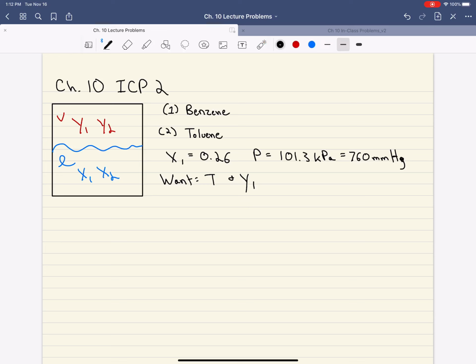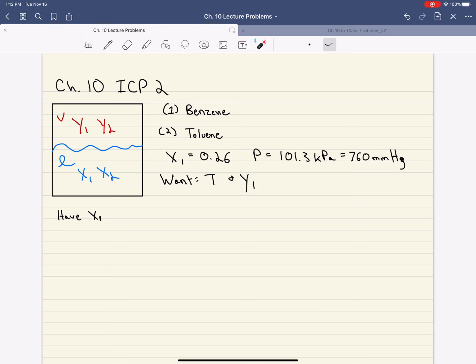Essentially, in this problem, we have the liquid phase composition of the benzene. We also know that x1 plus x2 is equal to 1, so that also gives us x2 if we wanted it.